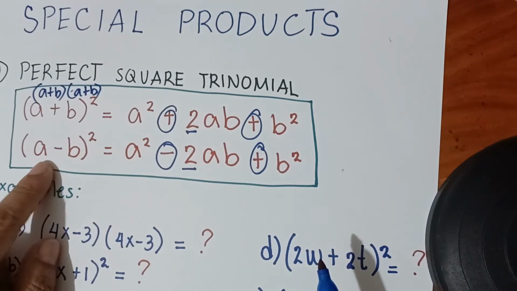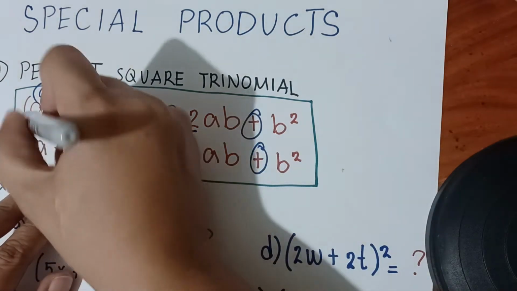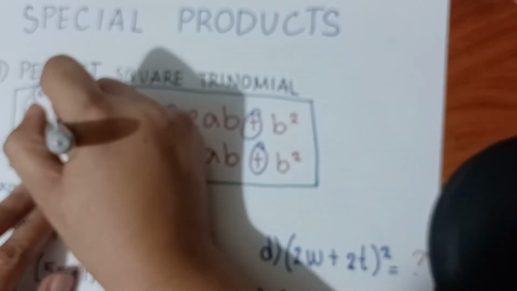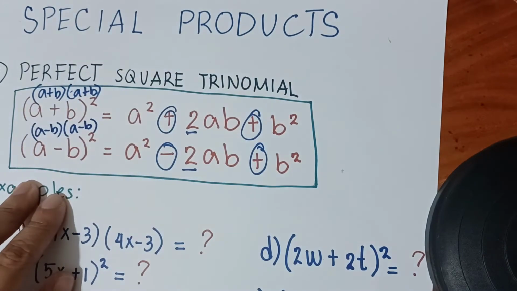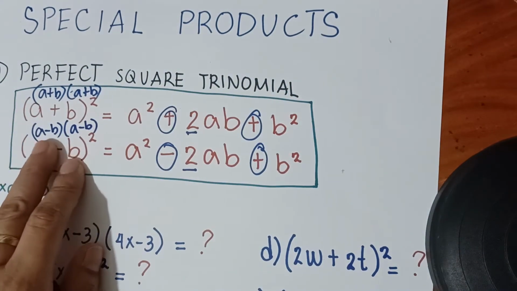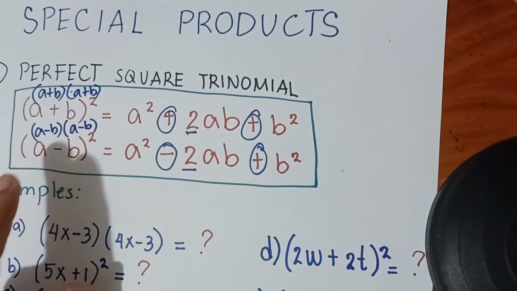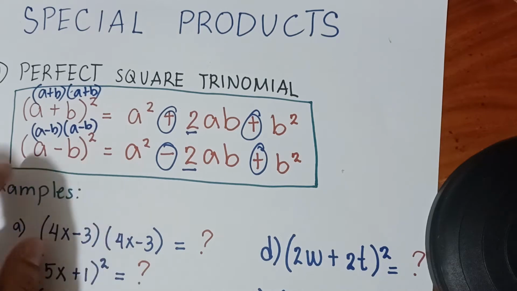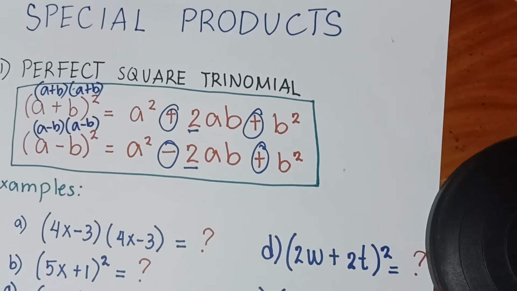Okay, same as dito. This A minus B squared here can also be written as A minus B and A minus B. Okay, it's the same. So, A minus B is multiplied to itself, A minus B, or it can be A minus B close and open parenthesis square. Okay, so these are the things that you need to know.